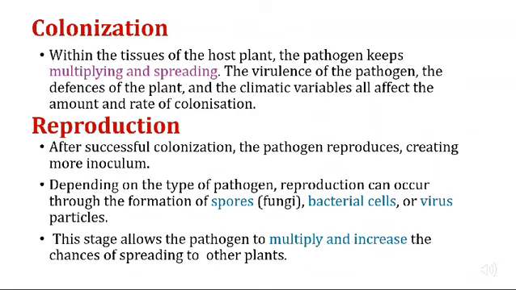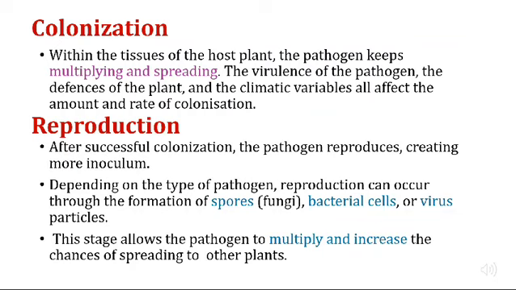The next step is called colonization. Within the tissues of the host plant, the pathogen keeps multiplying and spreading. The virulence of the pathogen, the defense of the plant, and the climatic variables all affect the amount and rate of colonization, followed by reproduction.